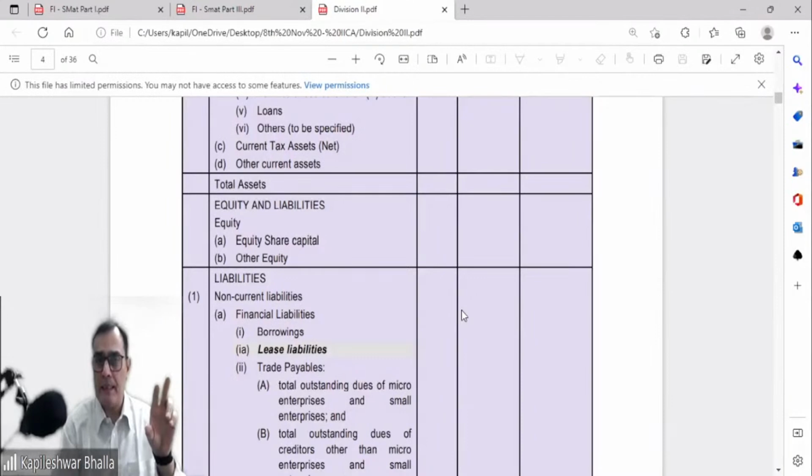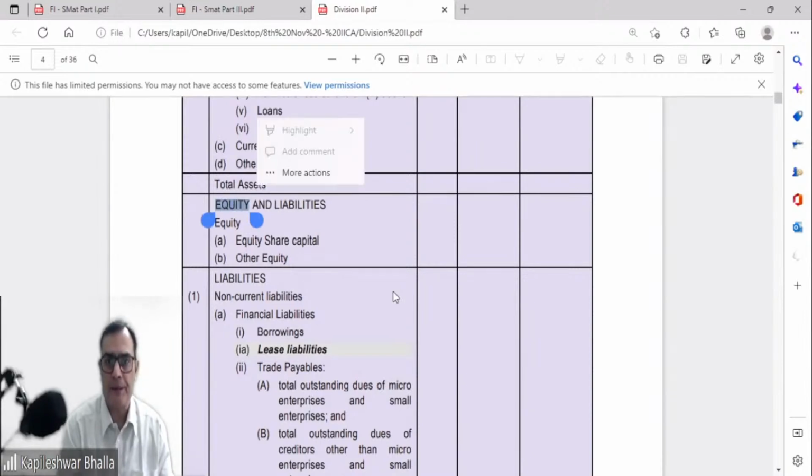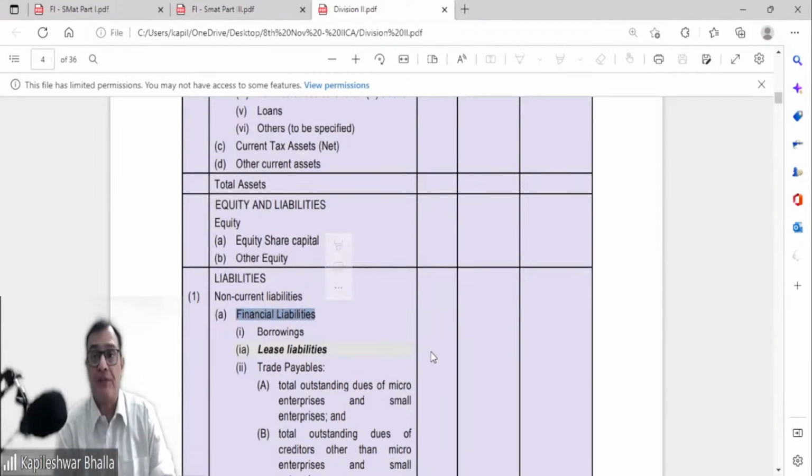You can very clearly see on the liability side of the balance sheet, the heading is equity and liability. Now you can see that there are non-current liabilities in the balance sheet, followed by financial liabilities, and there are borrowings.